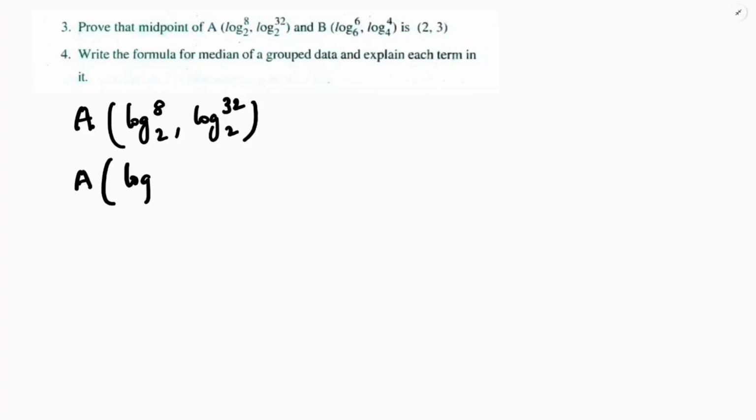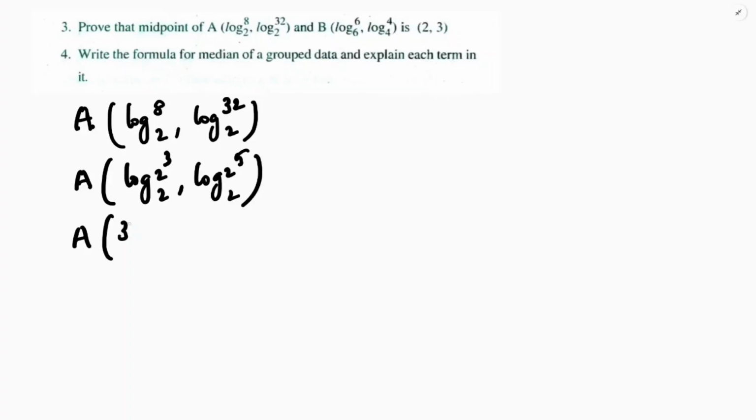Prove that the midpoint of A and B is 2 comma 3. Here A is log 8 to the base 2 comma log 32 to the base 2. If I simplify this, I can write log 2 cube to the base 2, log 2 power 5 to the base 2.